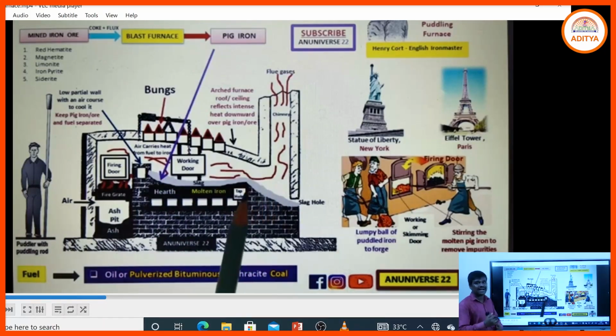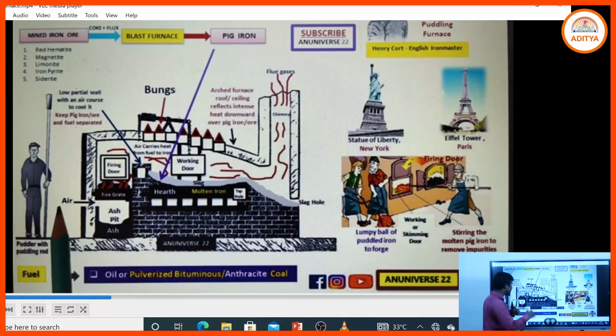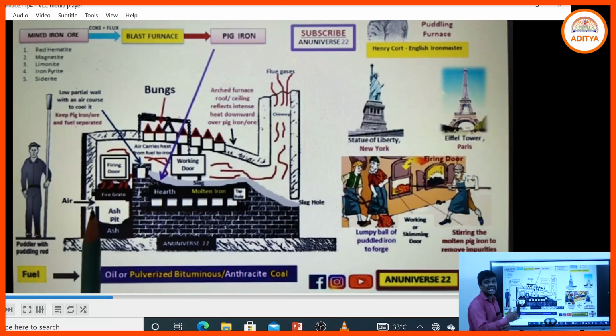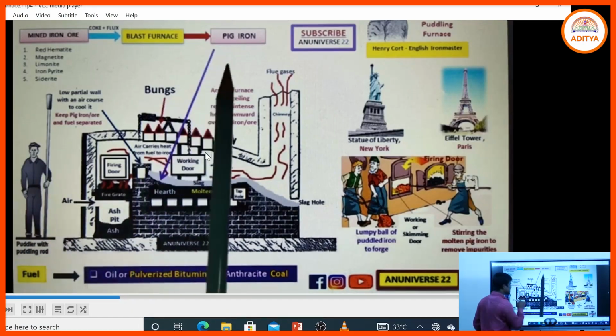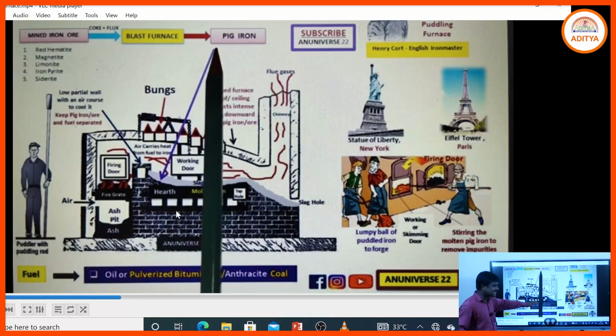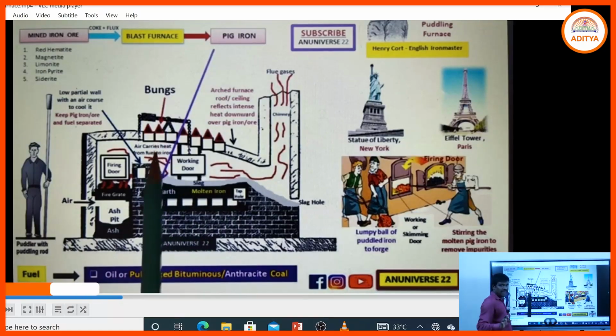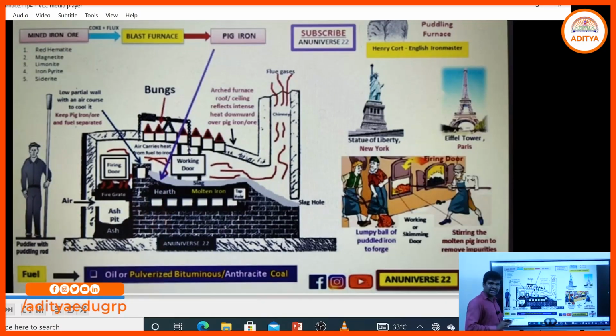When we start burning the coke, fuel gas is produced, and it comes through that position. After pouring the metal scrap, the bunks are fully closed using clay.